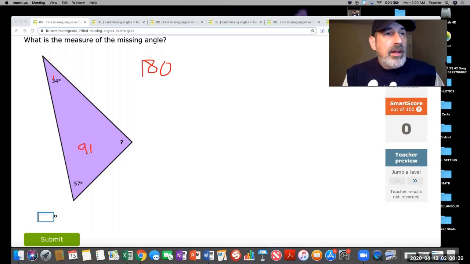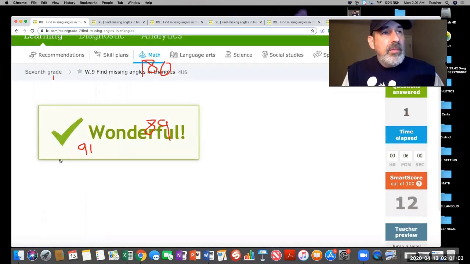Okay. Now I know 90 plus 90 is 180, but I'm 1 over, so the other number I'm going to need to get to 180 is 89. So that's what this one's going to have to be. Let's go pop that in there real quick. 89 degrees. And the degree symbol is already there, guys. So you won't have to mess with that.